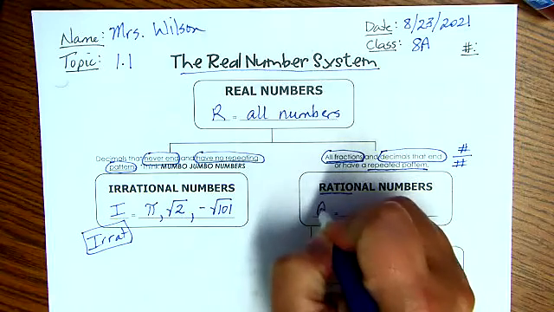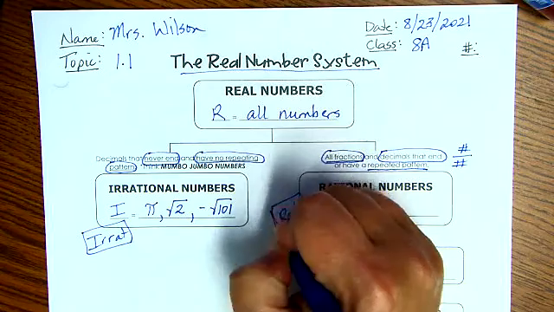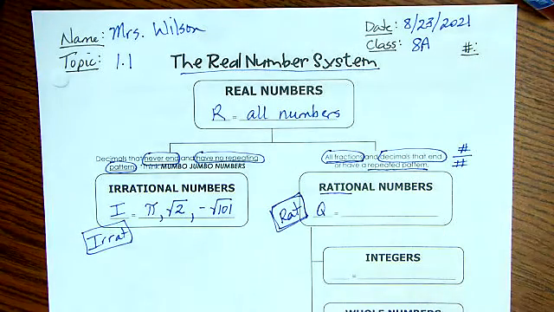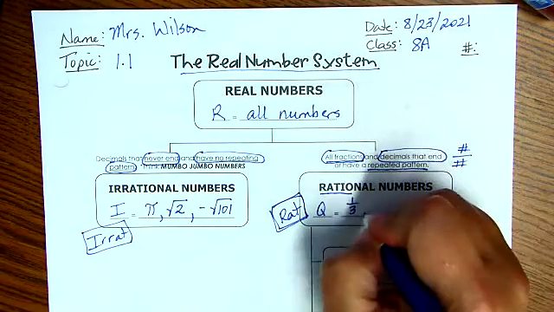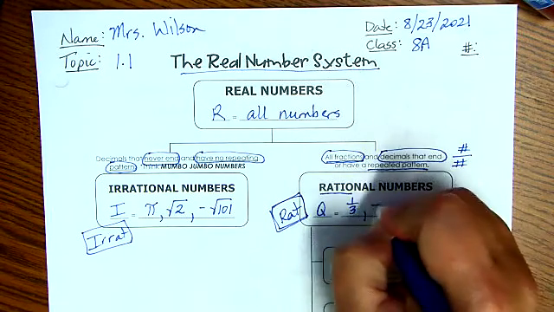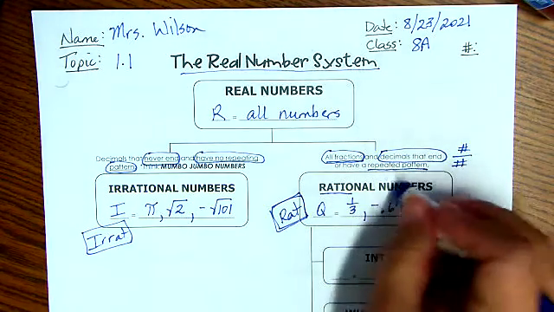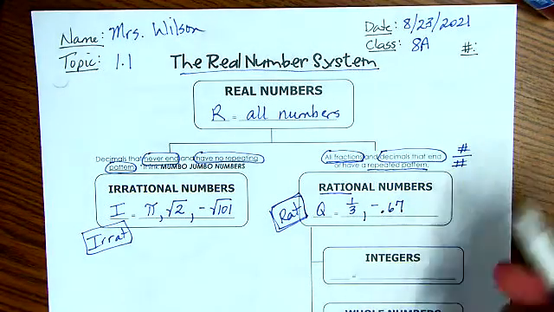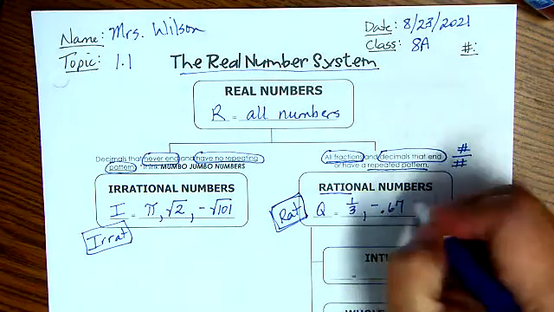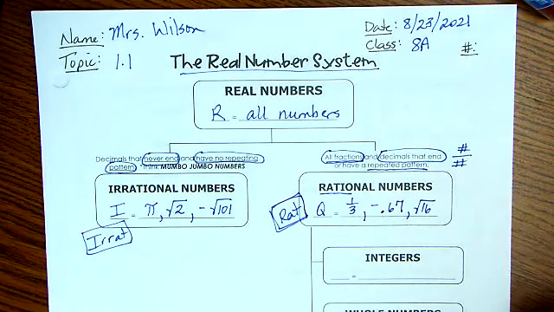For rational numbers, they use the letter Q, but if you would like to just write RAT, that's what I write when I'm working the problems. Examples would be 1/3, because that's the same as 0.3 repeating. You could have negative 0.67, because it ends, it stops there, so it can be written as 67 over 100. Another example is the square root of 16.